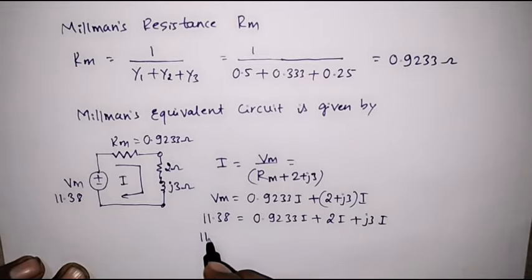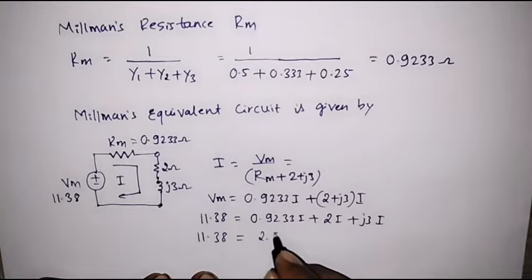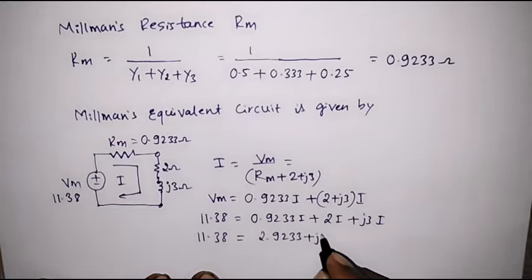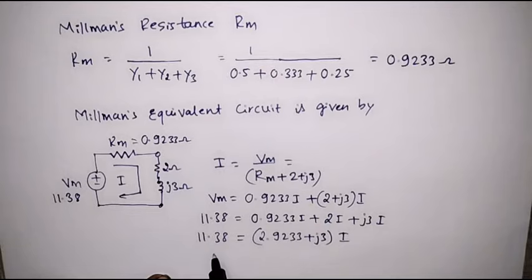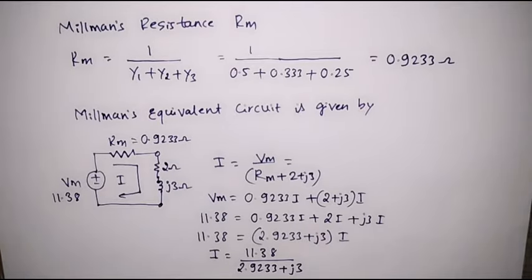Simplifying this, we get 11.38 is equal to 2.9233 plus J3 times I. Simplifying this, I is equal to 11.38 divided by 2.9233 plus J3.